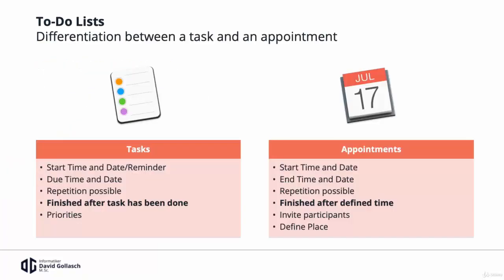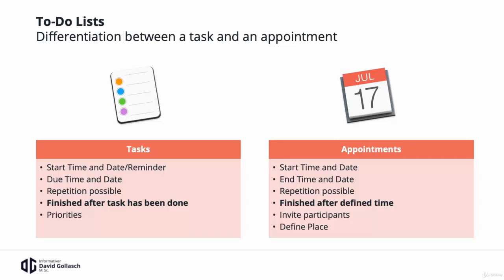One thing that I consider very important is the differentiation between tasks and appointments. Because I often see people planning their whole day with all the tasks, all the to-dos, as events in their calendars, so they are planning everything as appointments.